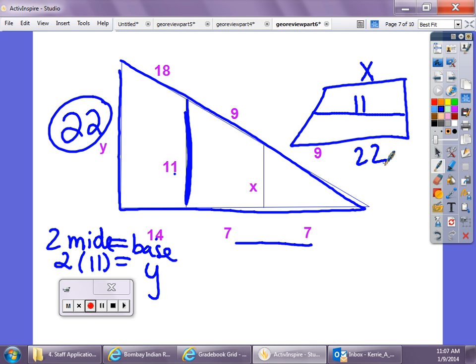Who can tell me the equation I'm going to use to solve this one now? Two times 11 equals x plus 22.